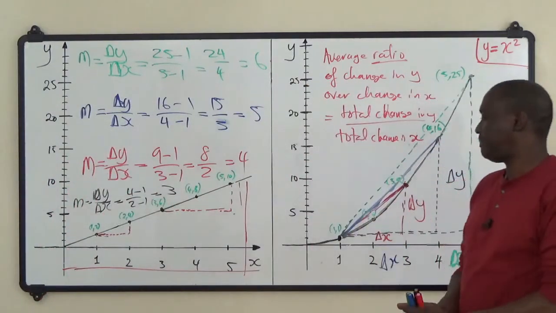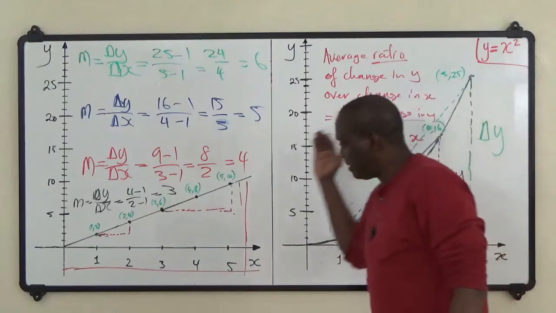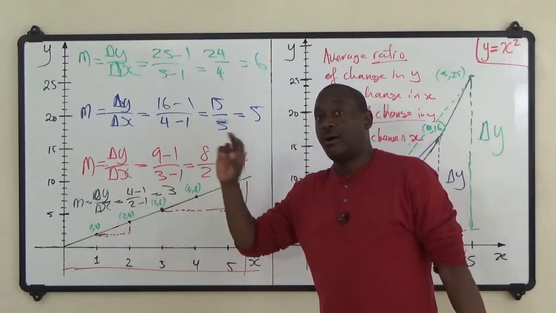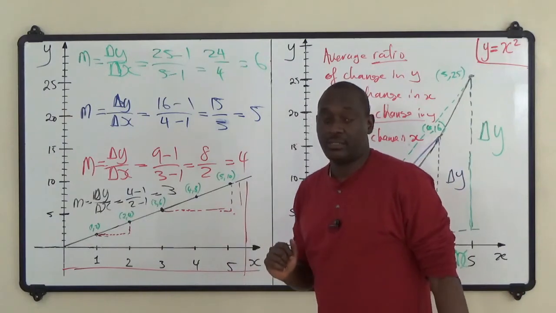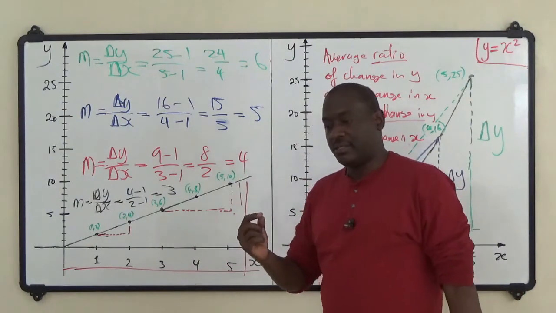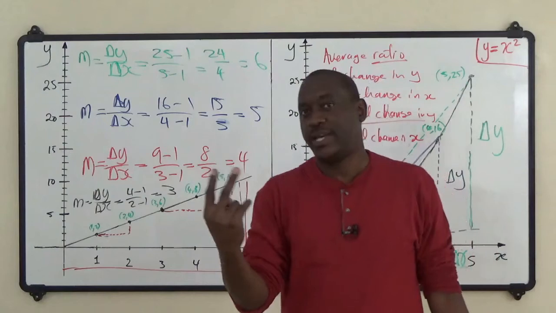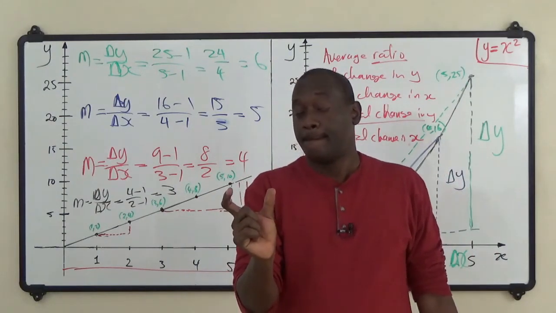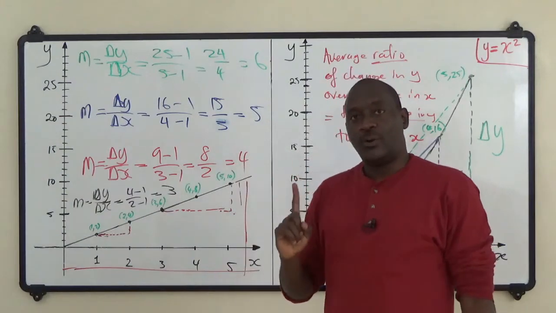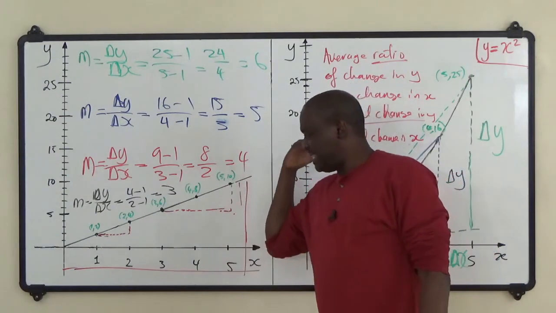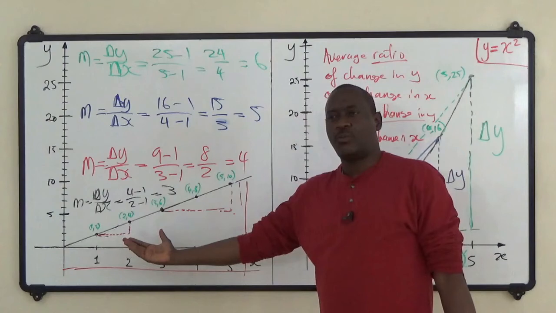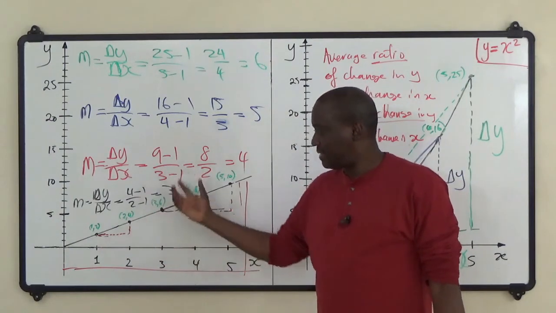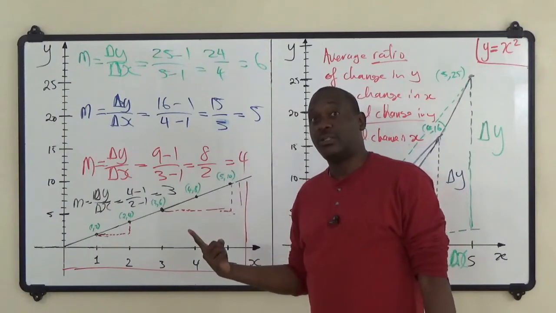So we establish that in the case of the straight line, it doesn't matter how long the line segment is. It doesn't matter the distance between the 2 ends of the line segment, between the 2 points. The gradient will always be the same. We know that instinctively by now.